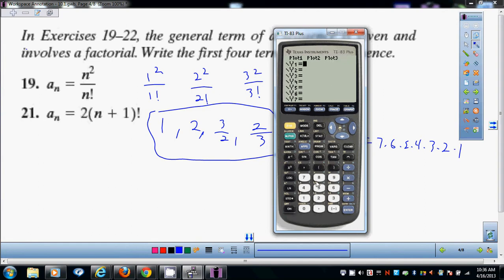X plus 1, factorial, graph. It feels like it's not there. Maybe it is there. Trace.